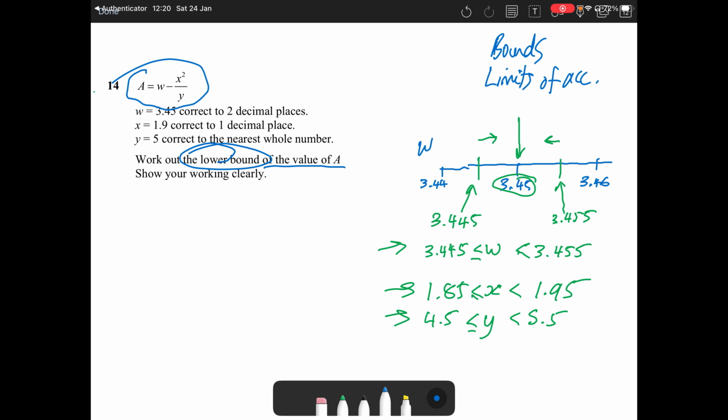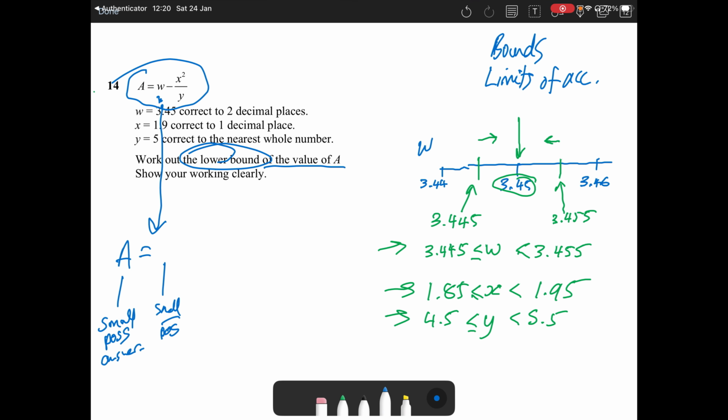What's the possible minimum value? Well, in order to get that, I would want to start with the smallest possible value of W, wouldn't I? Remember, I want the smallest possible answer.